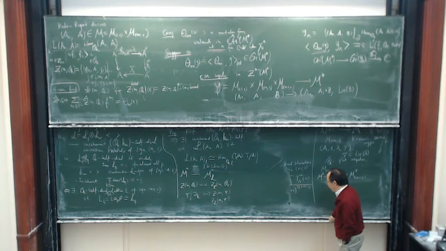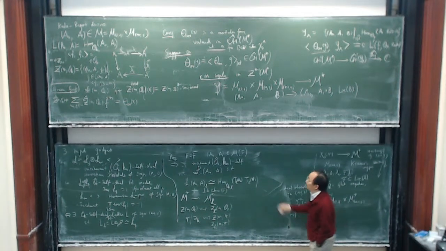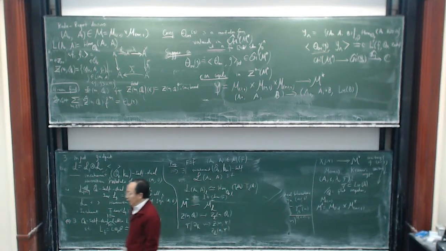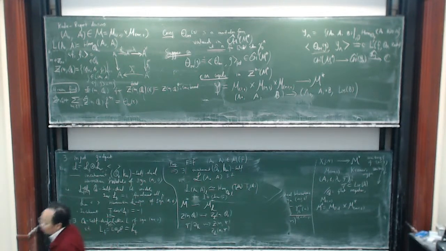That's the first thing. The second thing I want to define is, from this L, I also want to have something else that comes from it, called a Weil representation.